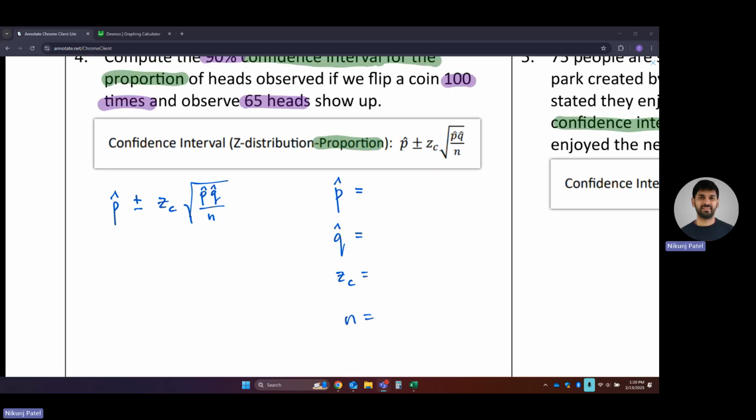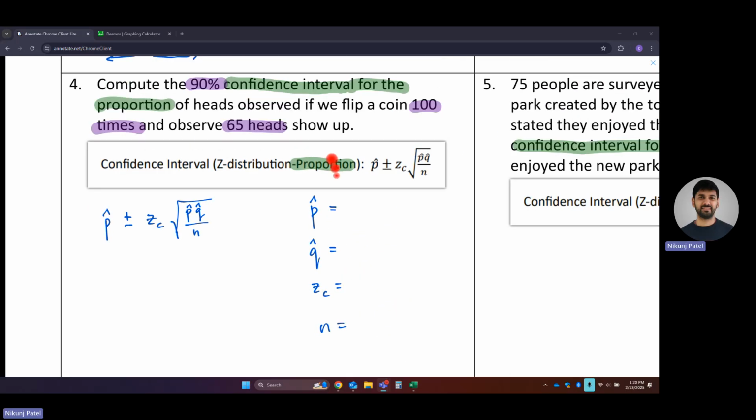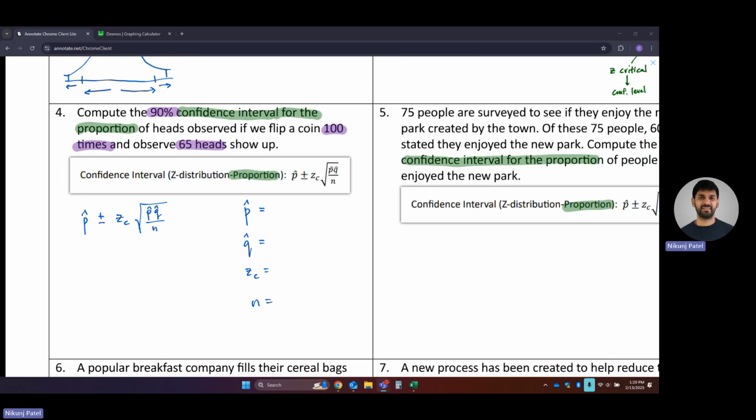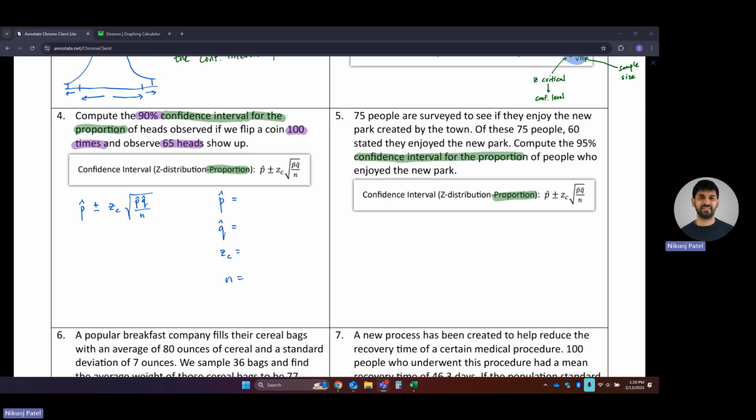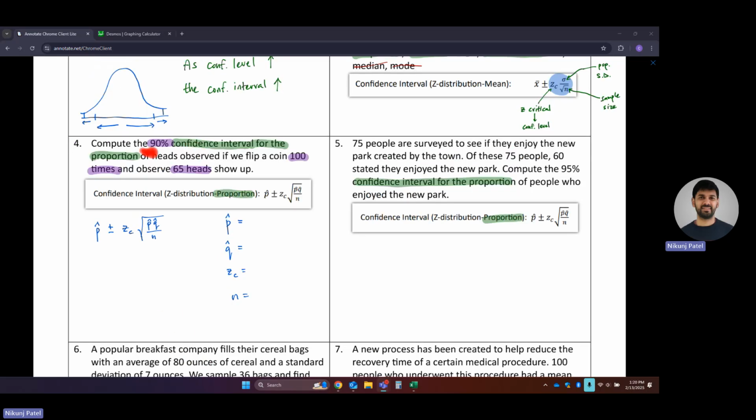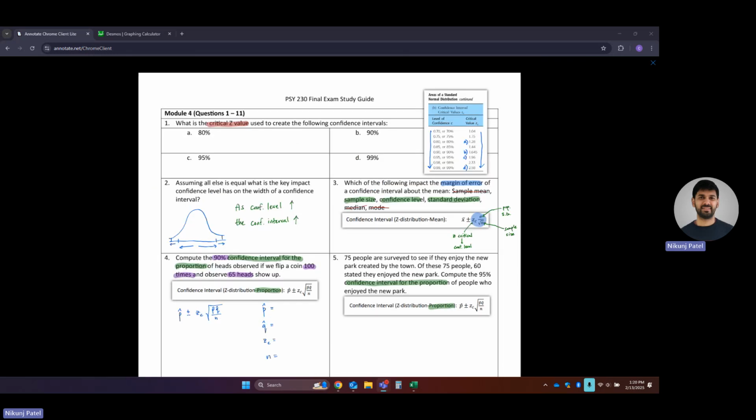So these 4 values, you need to figure out what they are, and you can determine them from the information right here. The first one I'll address is this 90% right here. This might be different from problem to problem. For example, number 5 says 95%. 6 and 7 might have different percentages. That 90% corresponds with what we talked about up here.